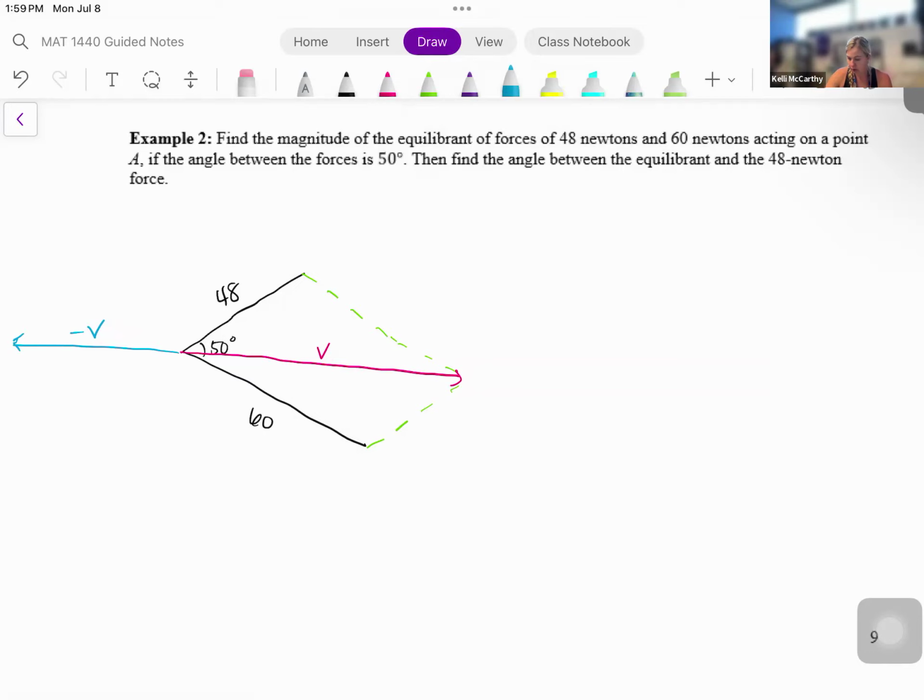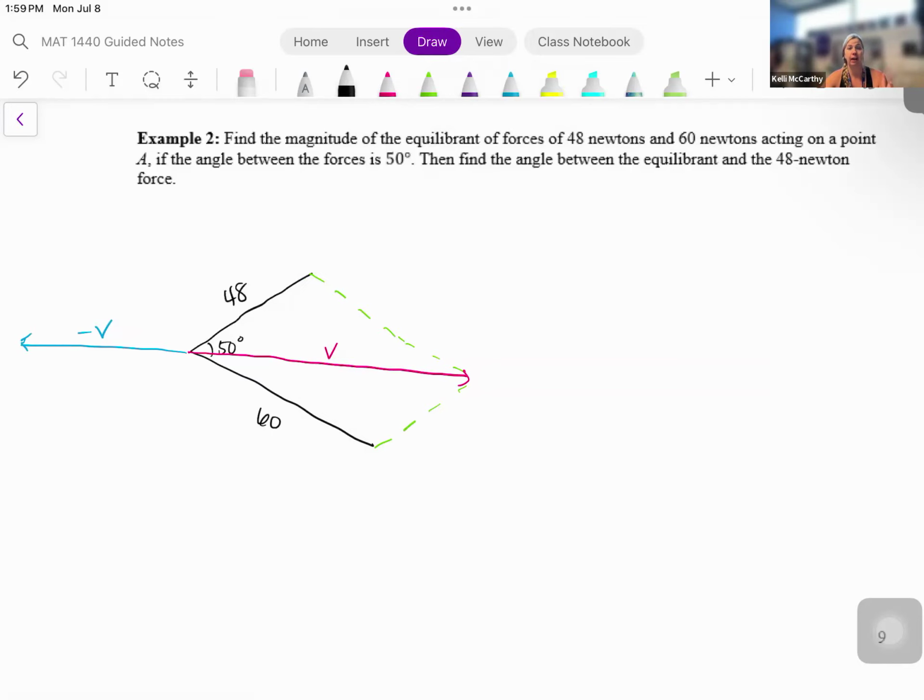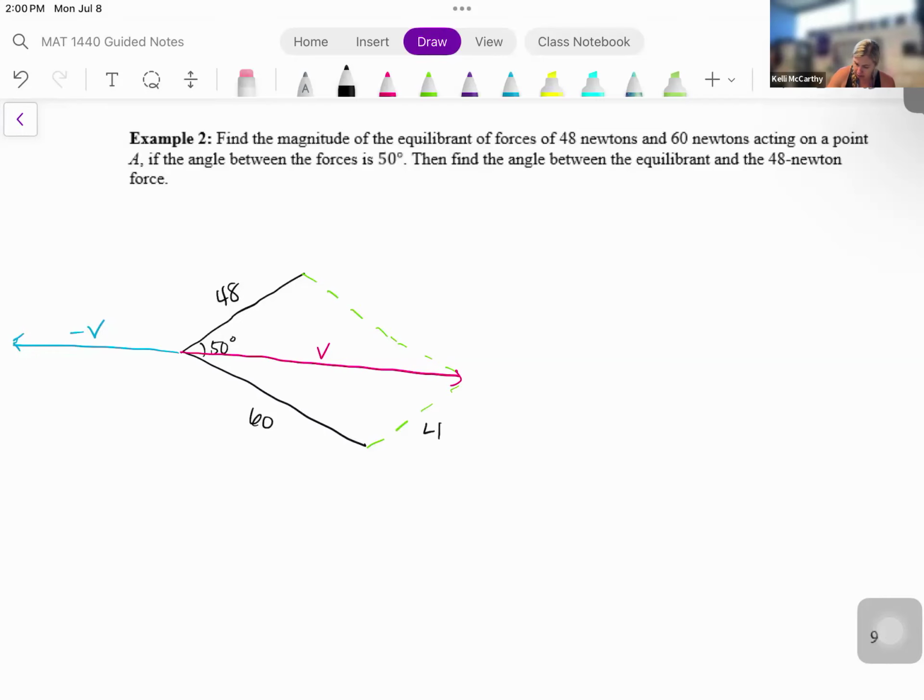All right, so let's go back to our parallelogram and start identifying sides that we know, just like we did in that previous example, setting up this figure so that we can either use law of cosines or law of sines to complete or solve any of these triangles. So I know that opposite sides are equal, and that adjacent angles inside of that parallelogram are supplementary.